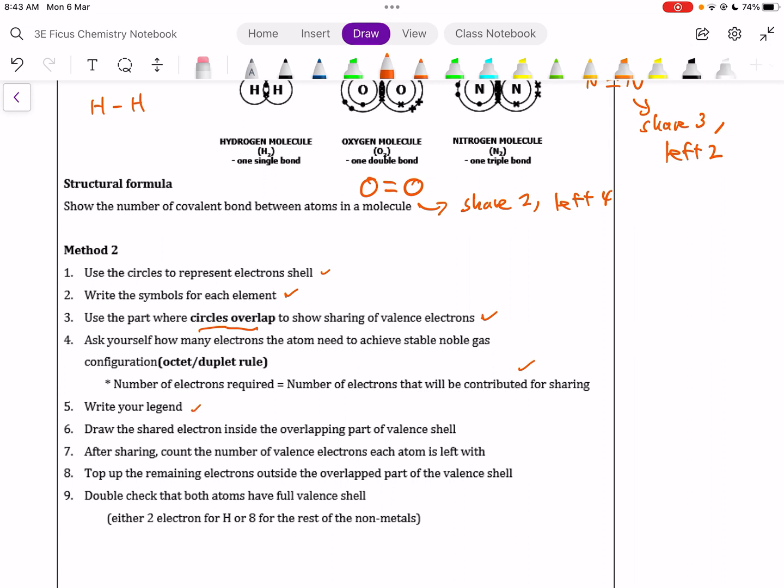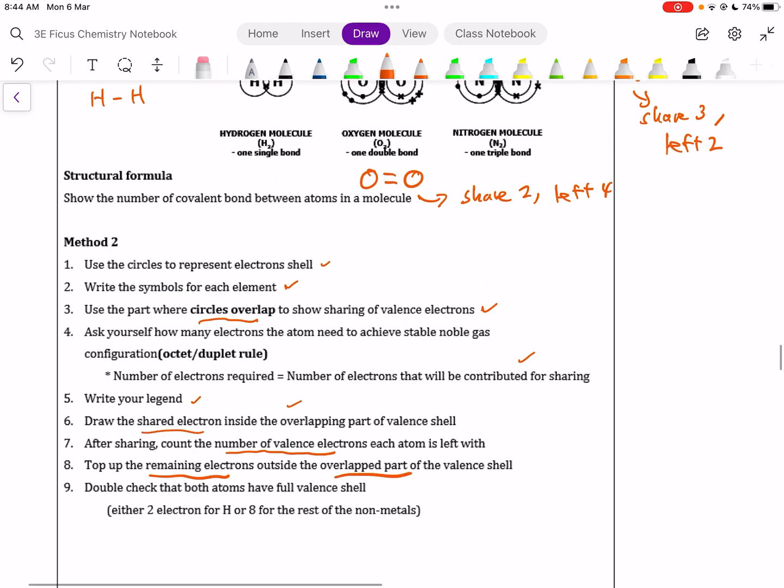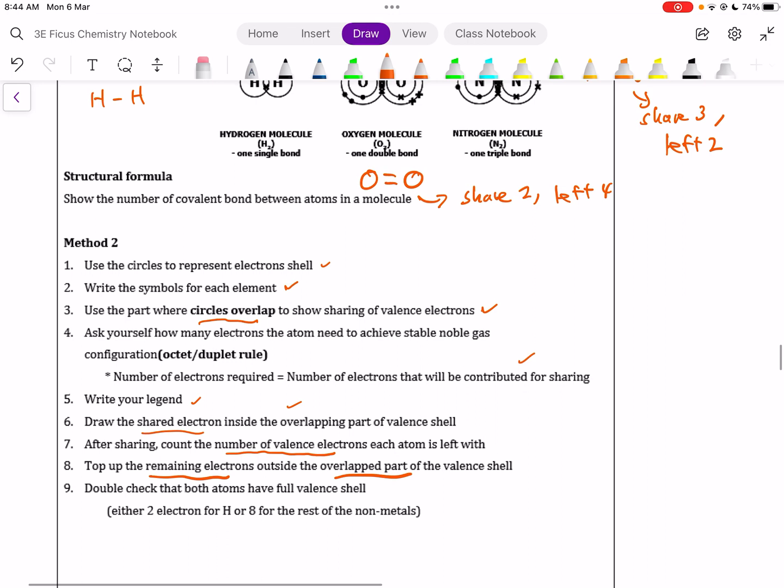Then write your legend. Draw the shared electrons inside the overlapping part. After sharing, count the number of valence electrons, then top up the remaining electrons outside the overlapping part of the valence shell. Then double check that both atoms have a full valence shell.